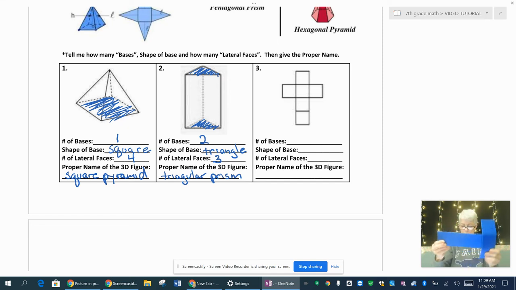So we're going to look at this net, and we're going to say, what are the number of bases? Now, again, if I close it back up, this is a prism. There's 2 bases. They're parallel, so I know this is a prism. So number of bases, 2. Let's write that in. And I'm going to go ahead and shade in 2 of these.